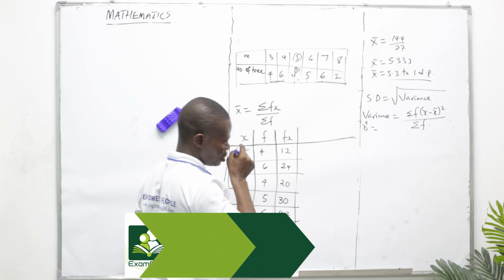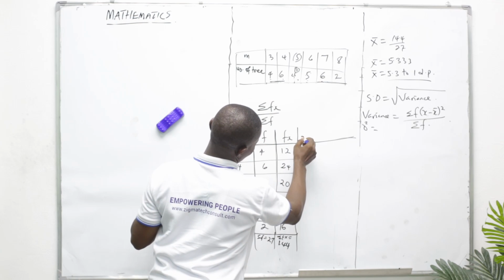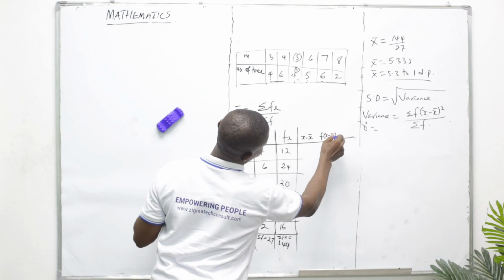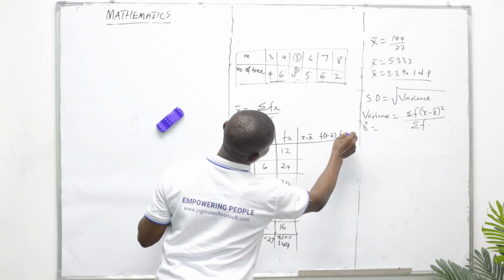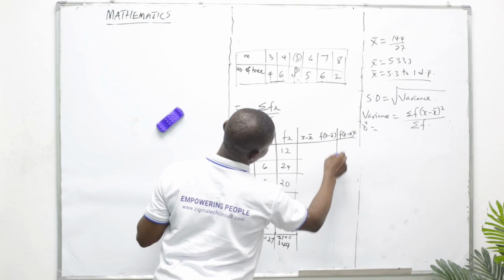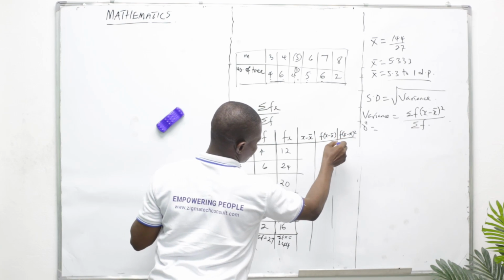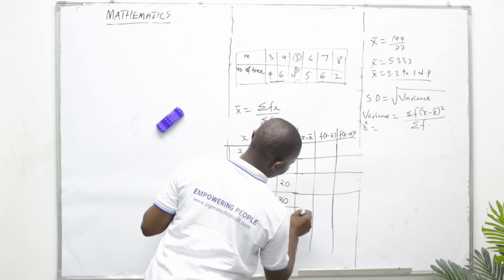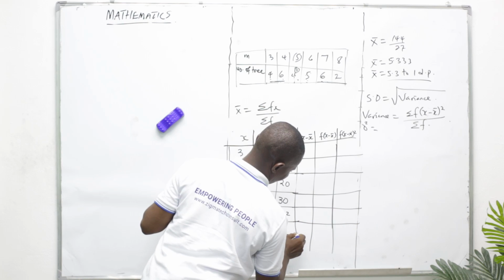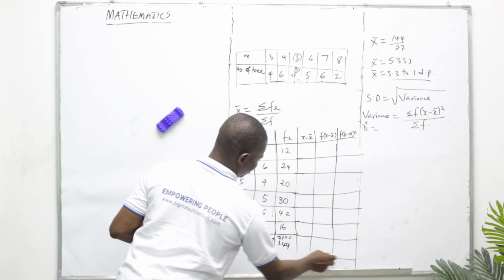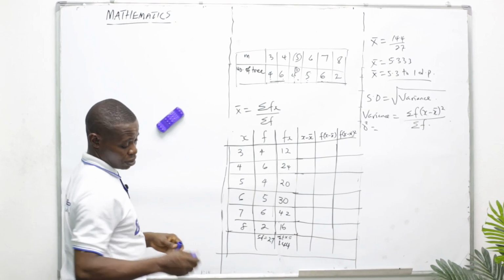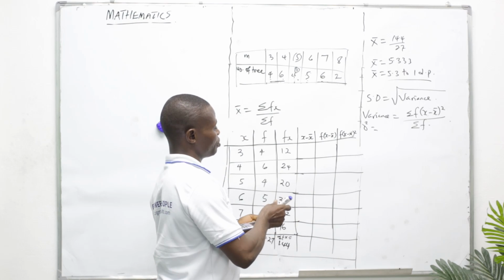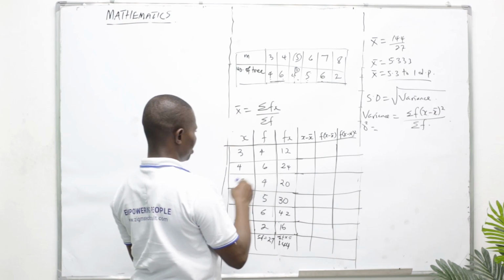So now, what do we need more here? We need to get x minus x bar. We also need to get f of x minus x bar, and f of x minus x bar all squared. It means our table will be completed. So look at what we need to make it a complete standard deviation. The other challenge in statistics is that it's long, but it's not difficult. See what you have, 5.33.